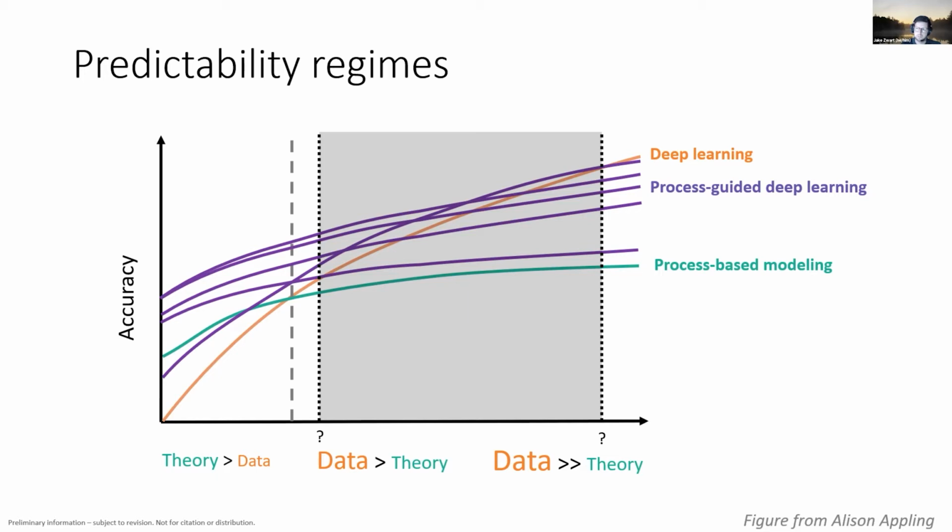So, for a given problem, a given system, this purple process-guided deep learning curve could follow many different trajectories, and the intersection between the deep learning model and process-guided deep learning model curves could occur anywhere in this gray region.